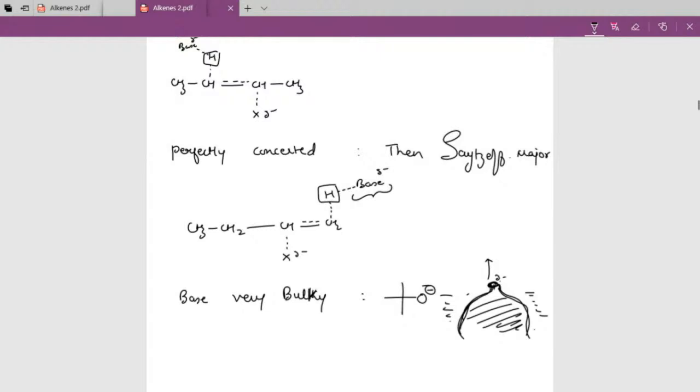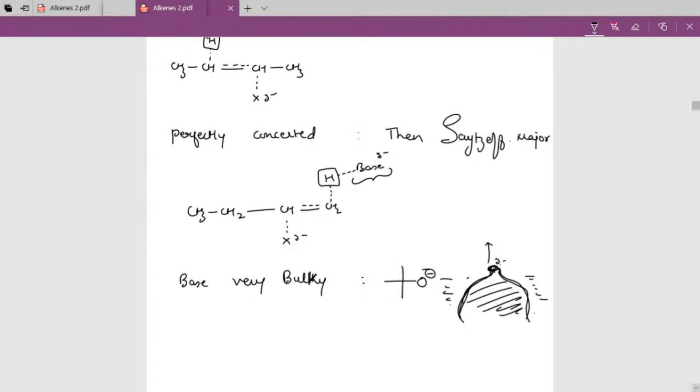So yes, the Zaitsev alkene is still more stable, no doubt. Our base, if it could, would prefer the Zaitsev alkene again. But if the probability of Zaitsev transition state formation has decreased due to steric factors, then due to no choice, answers shift towards Hofmann alkenes.